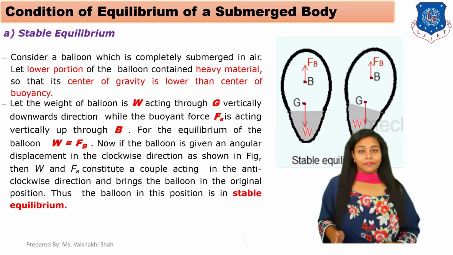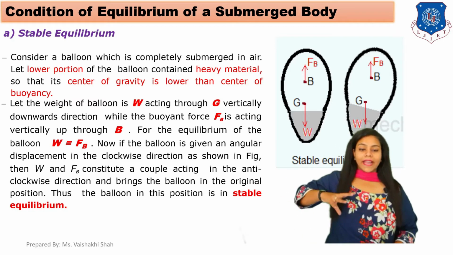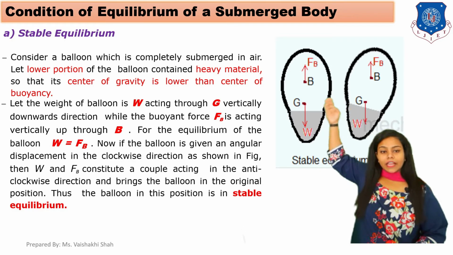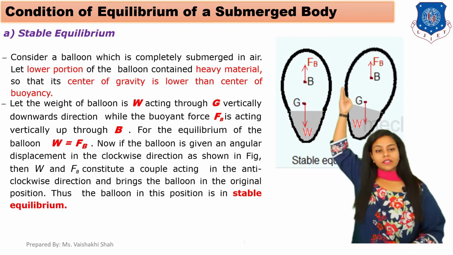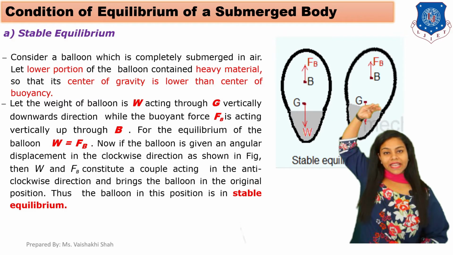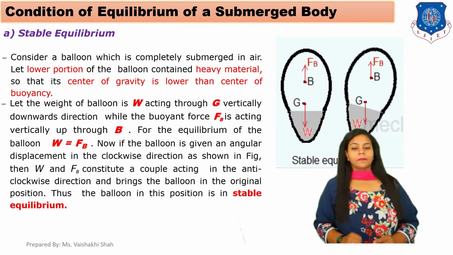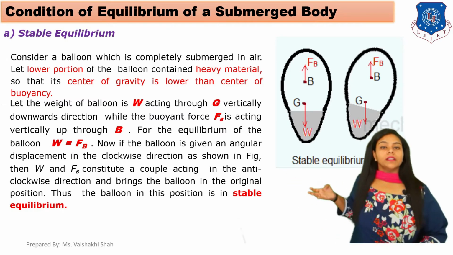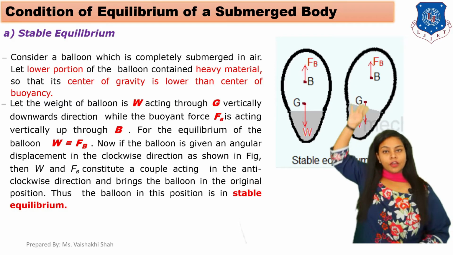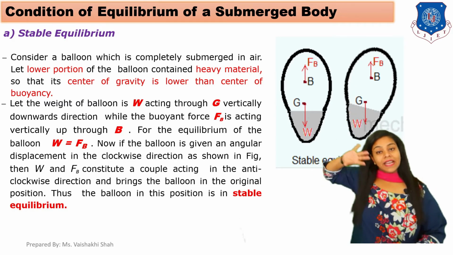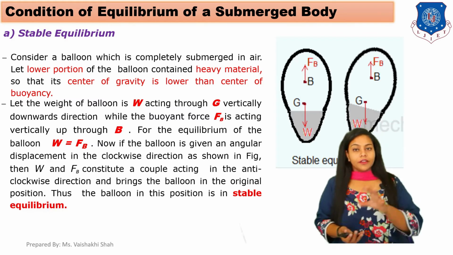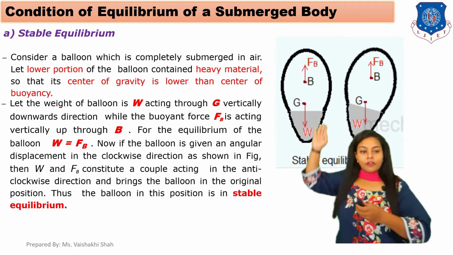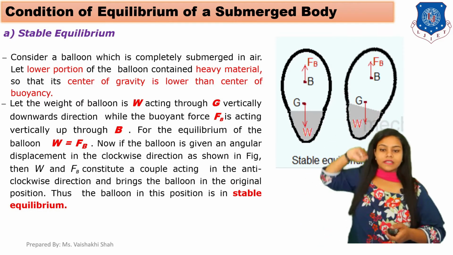Now if the balloon is given a small angular displacement in clockwise direction, then W and FB form a couple in anti-clockwise direction. Here you are giving displacement in clockwise direction, but W and FB form a couple in anti-clockwise direction.